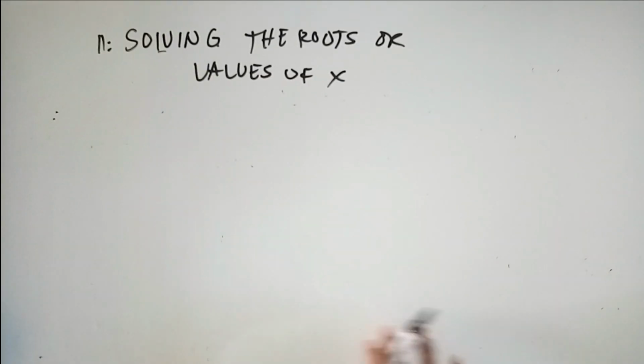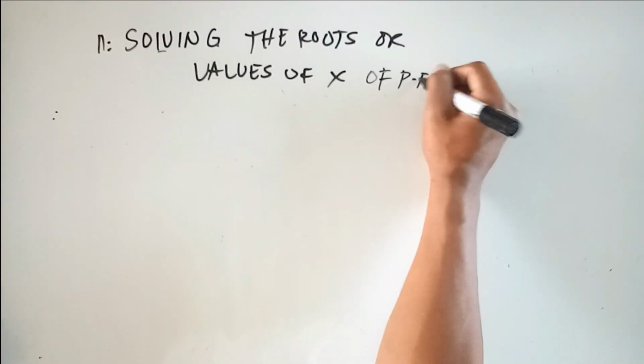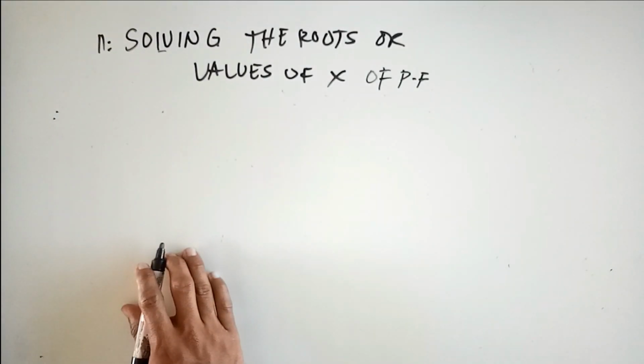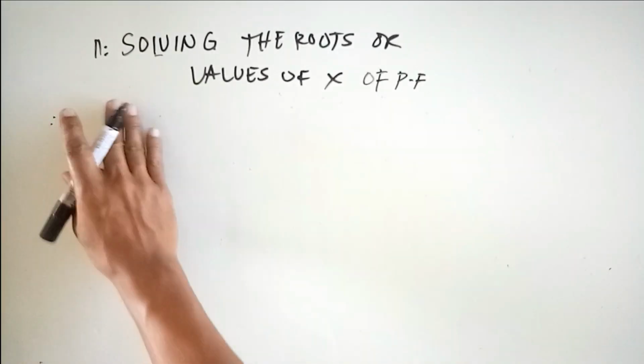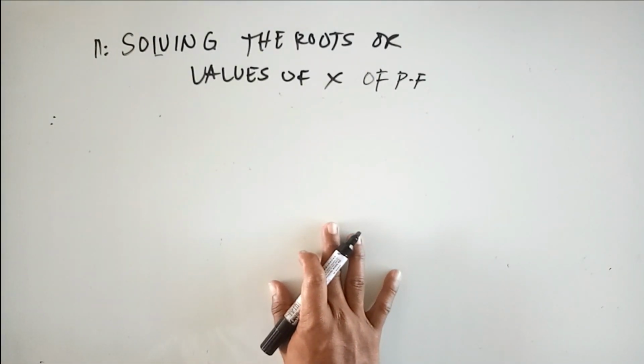So at this point, I'm going to teach you how to solve the roots or values of x of polynomial functions. For example, you have a polynomial function like this. I'm going to put this in a factored form already, because this will be very useful in graphing.